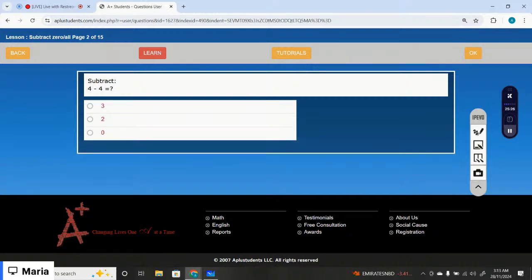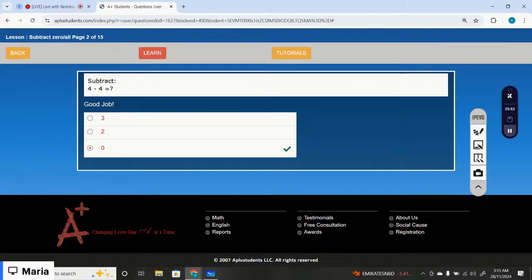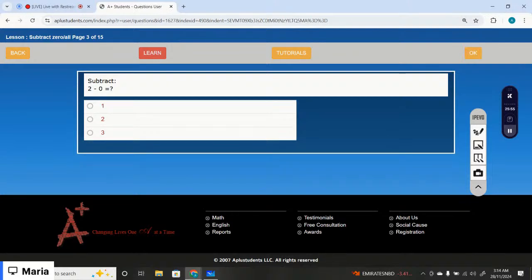4 take away 4, which is the correct option? That is 4 take away 4 is 0. 2 take away 0 is 2.